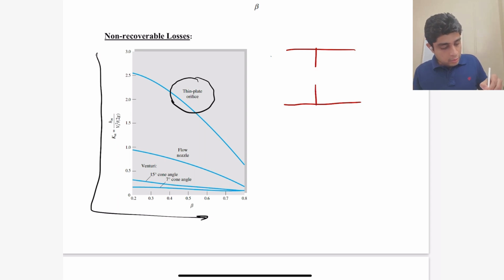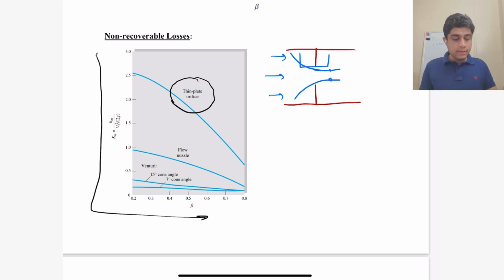The flow coming here cannot bend sharply, so it curves and attains a minimum area somewhere in front of the orifice meter, and we also have this circulating zone of fluid which leads to very high velocity gradients and high viscous stress.